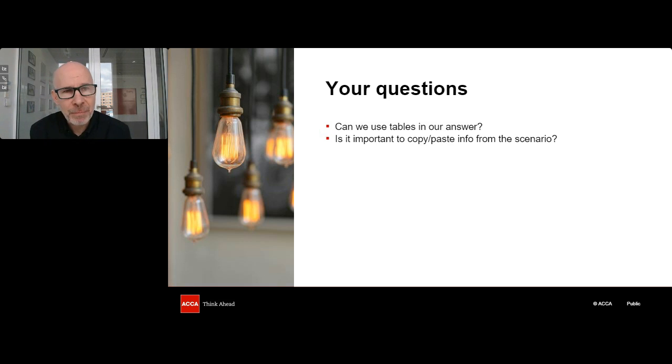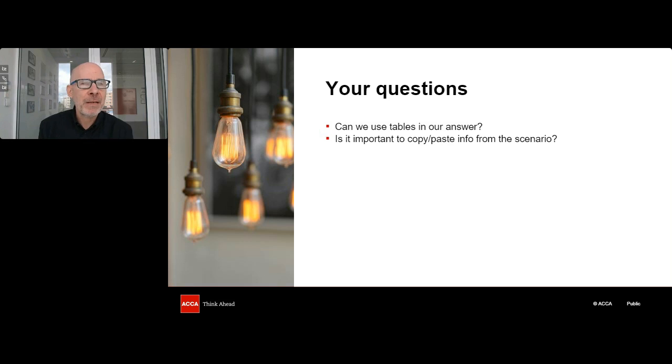Do not copy in blocks of text from the scenario. It's lulling you into a false sense of security that you are completing your answer because you've got words on the screen. But no, it's not helping you. You do not need to restate the scenario.